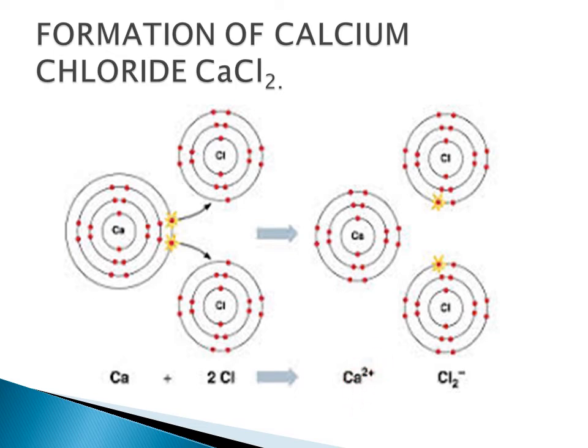The 2 chlorine atoms gain 1 electron each and form 2 Cl minus ions. Therefore, an electrovalent bond is formed between Ca2+ ions and chloride ions. Therefore, it is an electrovalent compound.